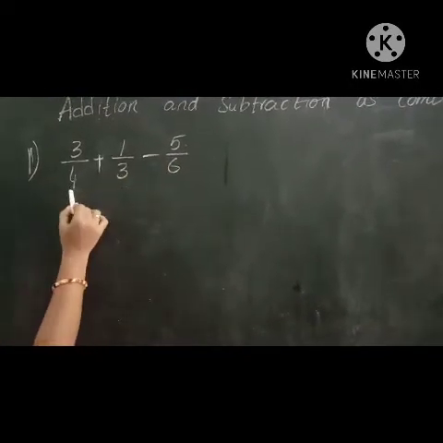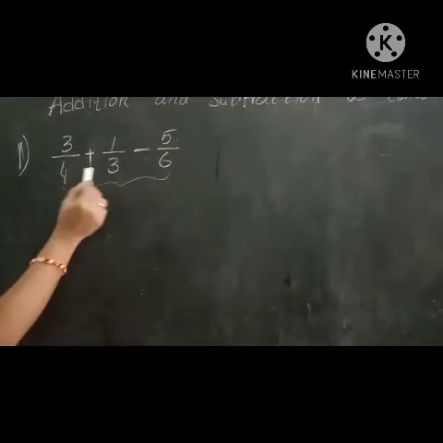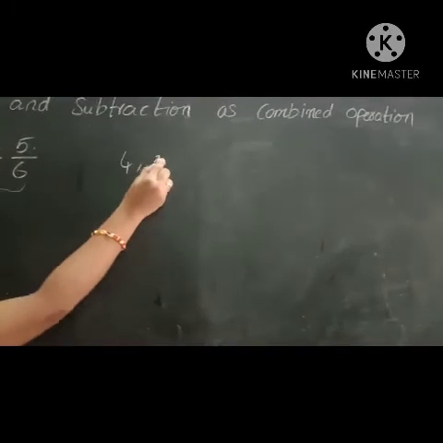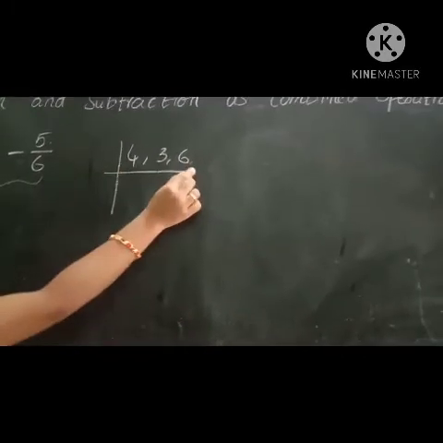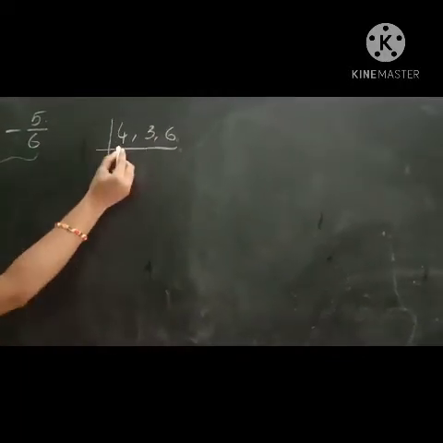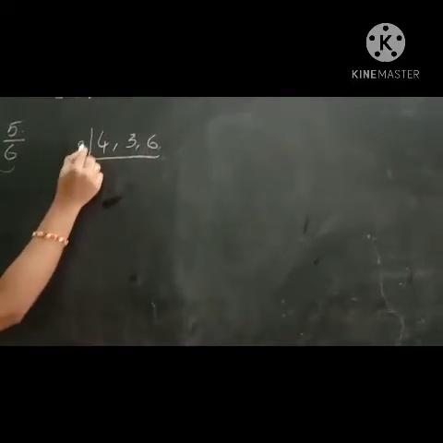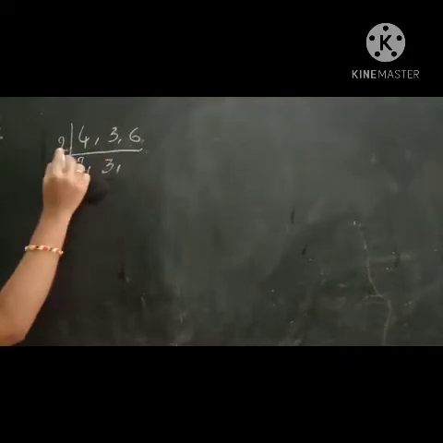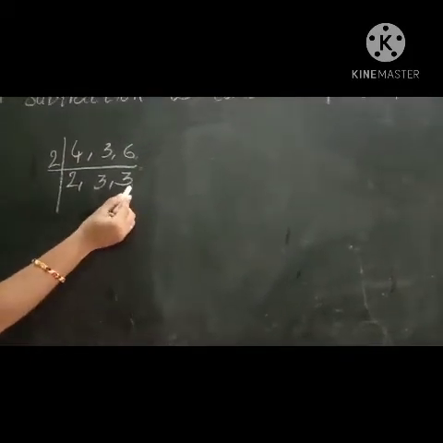Okay, first, what are the denominators? The denominators are different, so here we have to find the LCM. See here, children, 4, 3, 6 are the denominators. These three numbers are divisible by which table? In the 2 table, 4 is there, 6 is there, but 3 is not there. Just take the number 2. 2 2s are 4, write 3 as it is, and 3 2s are 6. Here there is 3 and 3.